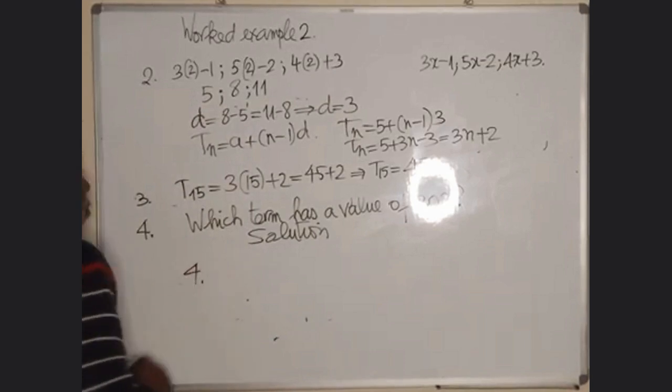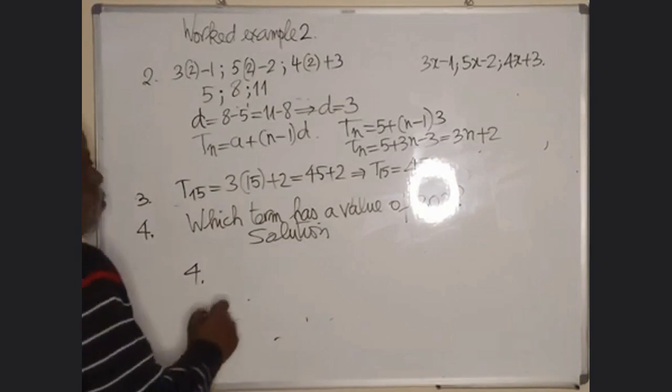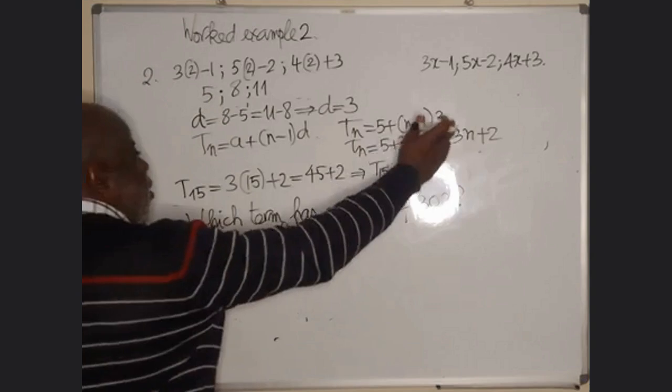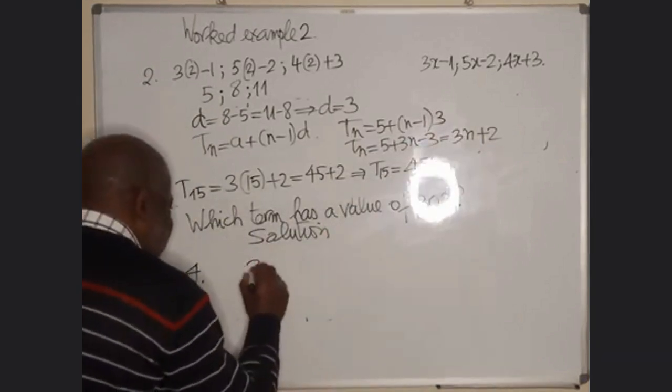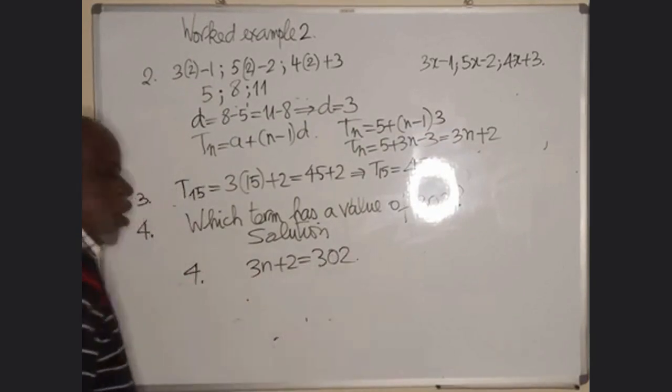Question number 4. Which term is the value of 302? Then we're going to have our general term is 3n plus 2. 3n plus 2 will be equal to 302.